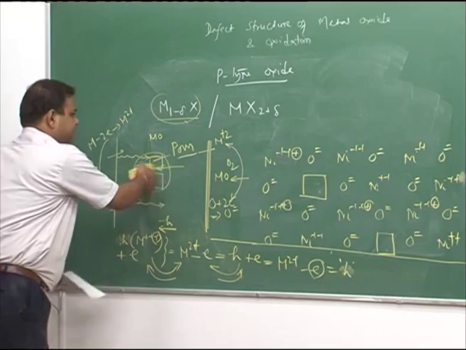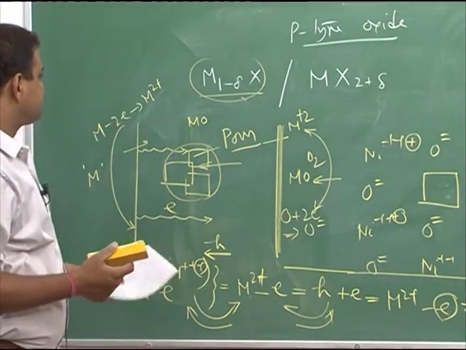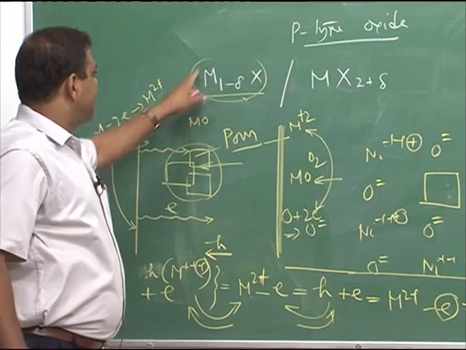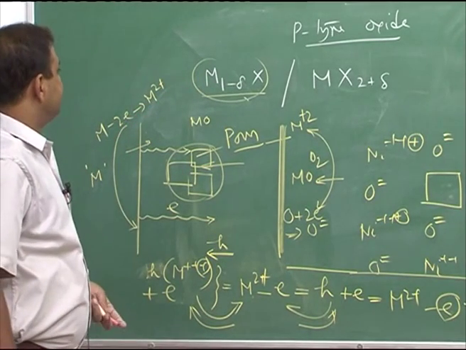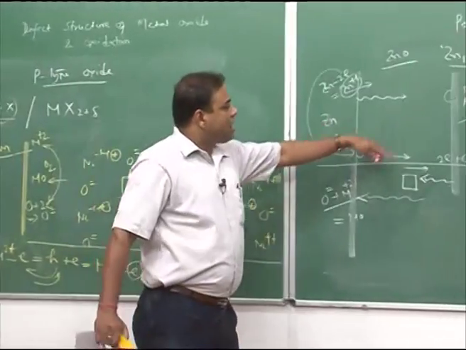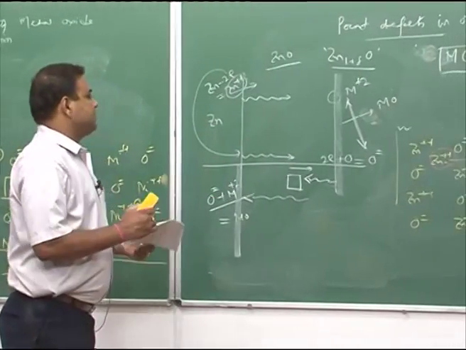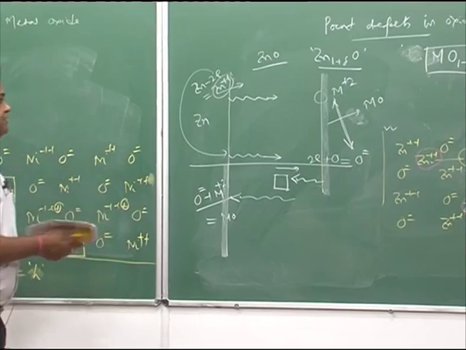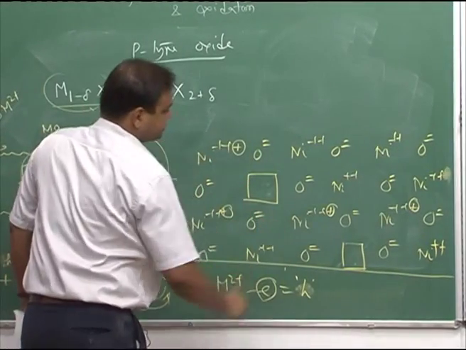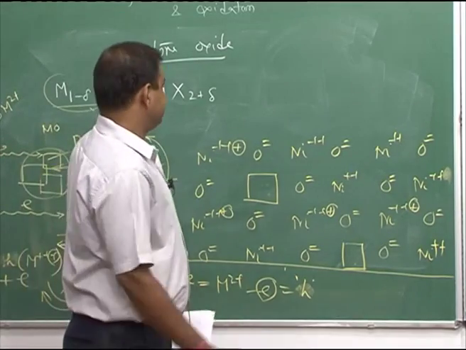So, this is one example of how oxide growth takes place in the case of p type oxide, where we have metal cation deficiency, and we have also seen how oxide growth takes place in the case of n type.